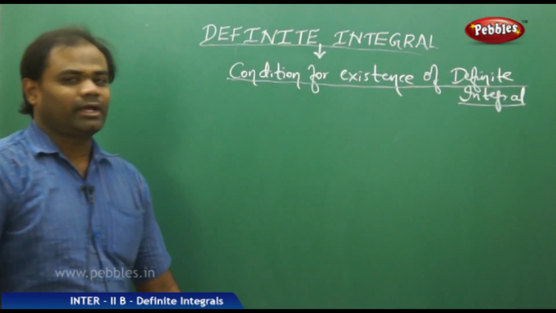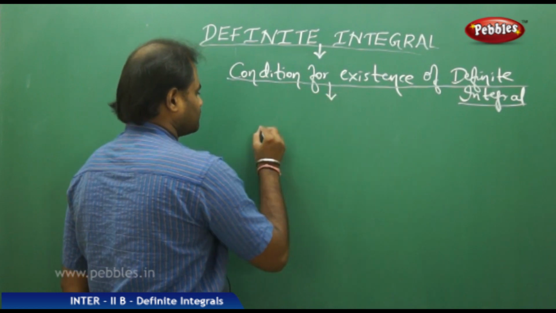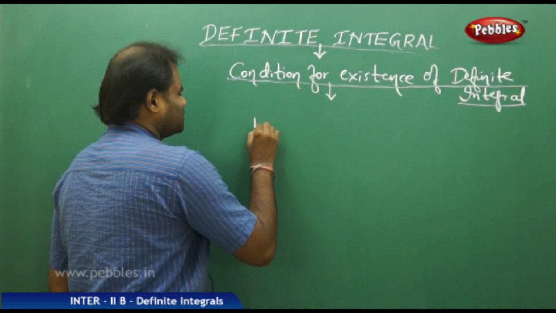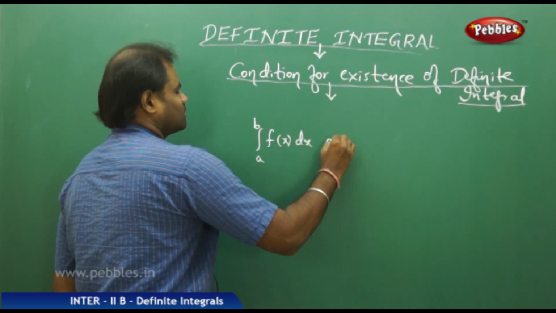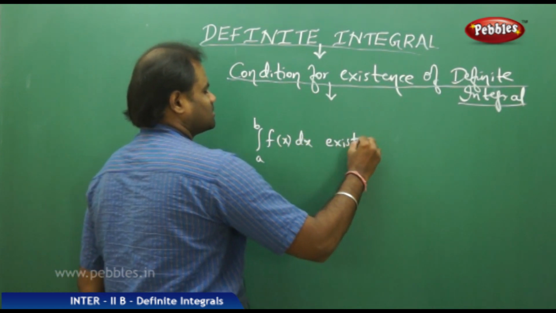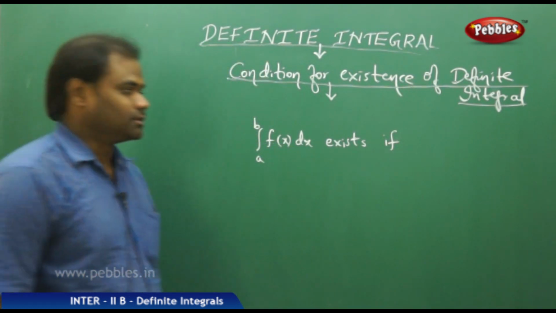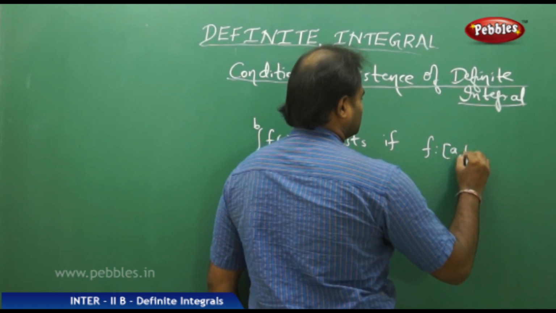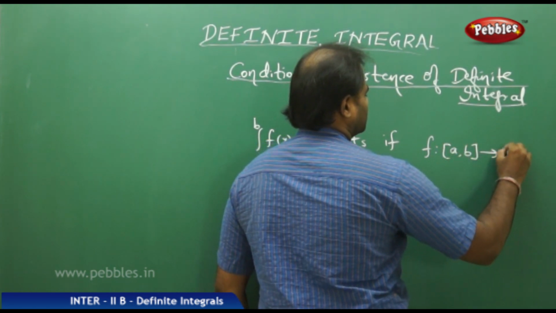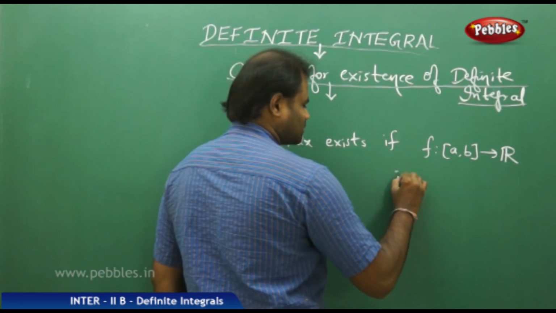The condition for existence of the definite integral says that the integral from a to b of f of x dx exists if f from the closed interval [a, b] to the set of all real numbers is continuous.